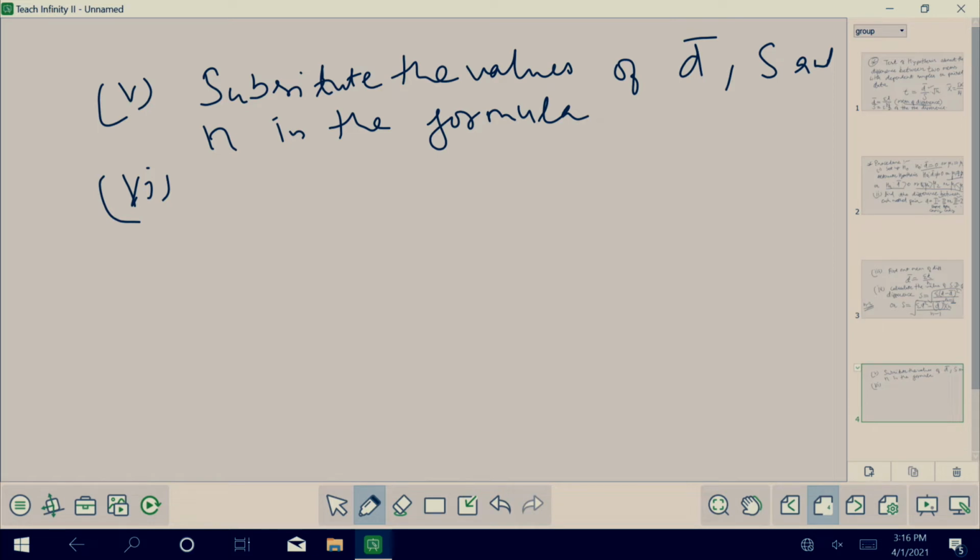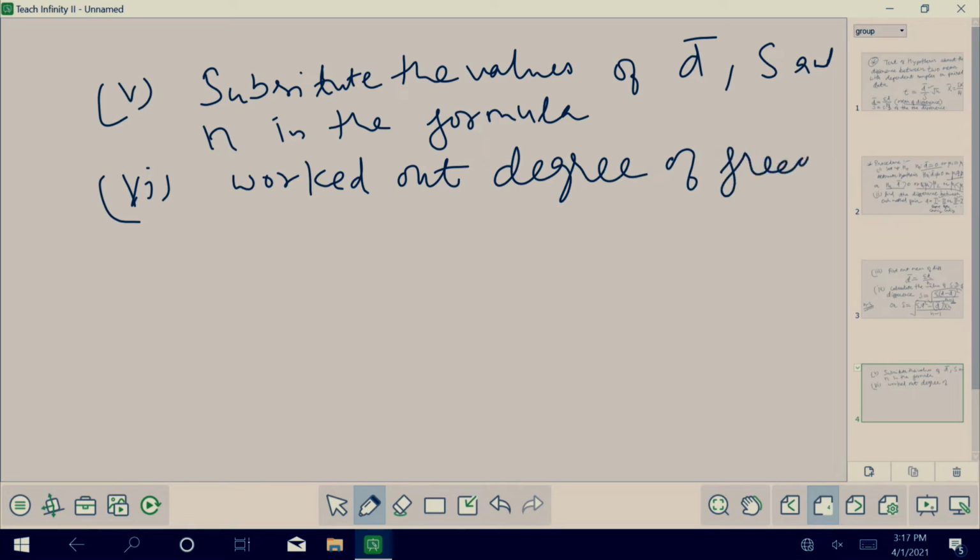The last and sixth step is to work out the degree of freedom, which is really very important in this formula, because in the question you have been given two samples, whereas the sample is one only, but the sample is observed twice, so it is called paired sample data, right.